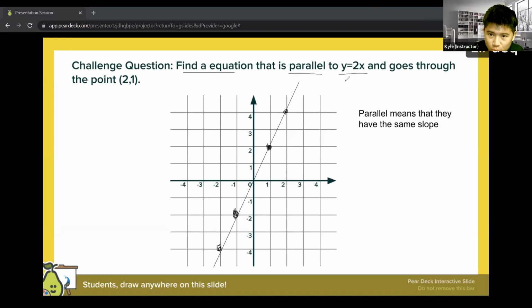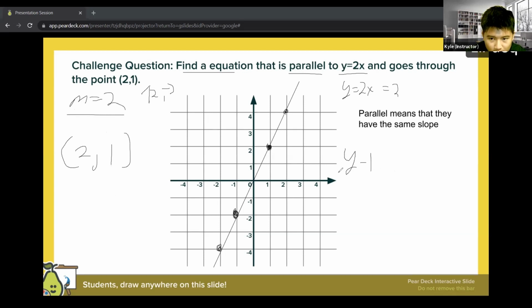So the slope of y equals 2x is just 2. So m equals 2. This means that you go up by 2 for every one increase in x, basically. So now we know that the slope is 2. And now we also know that the point is (2, 1). So using these two things, we can plug this into our equation. y minus 1 equals 2 times (x minus 2).